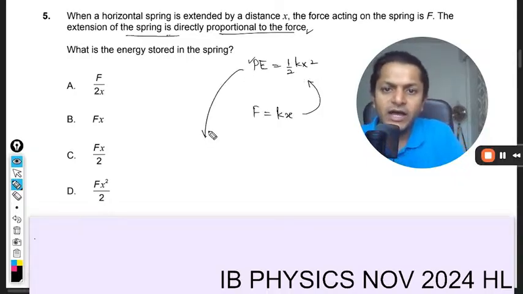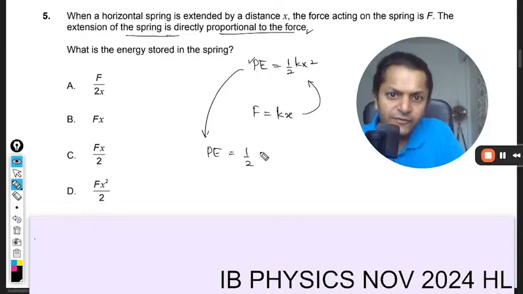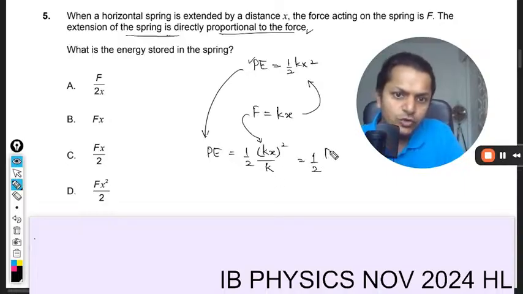The potential energy can be written as half, and I should be multiplying k in the numerator and in the denominator, like this. So kx is the force, and I can substitute the force here. So it becomes 1 by 2 F square by k. Thereby F square by 2k will be the answer.